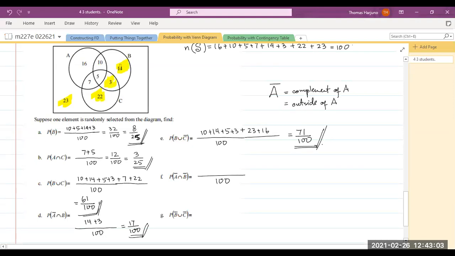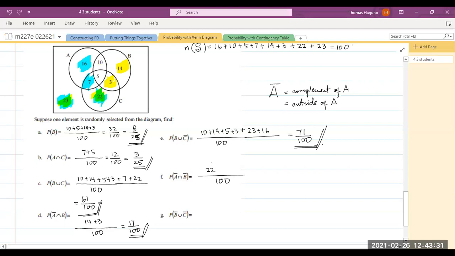And outside of B, these are the number of people outside of B. Because intersection means it has to satisfy both requirements, it is signified by shaded twice. Now, the ones shaded twice, they are 22.